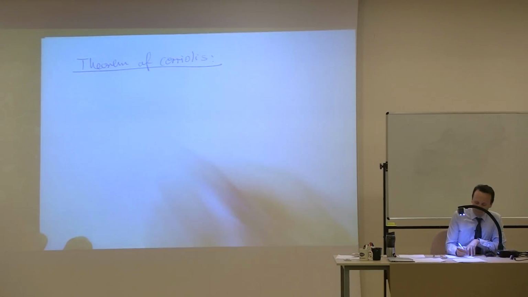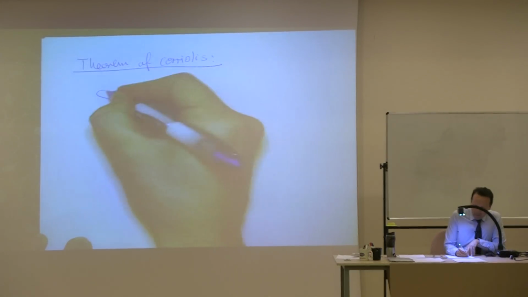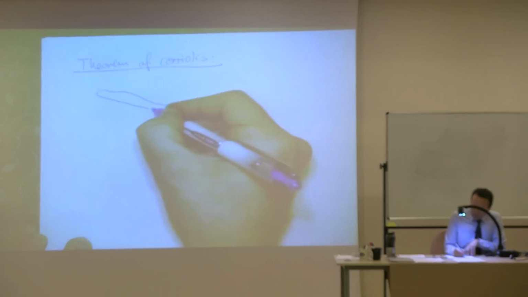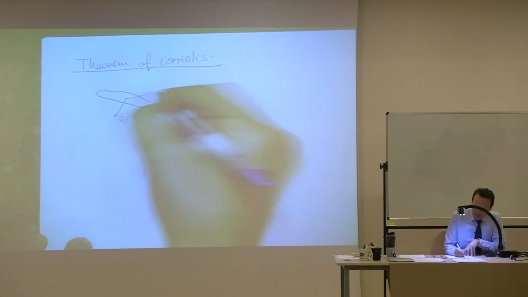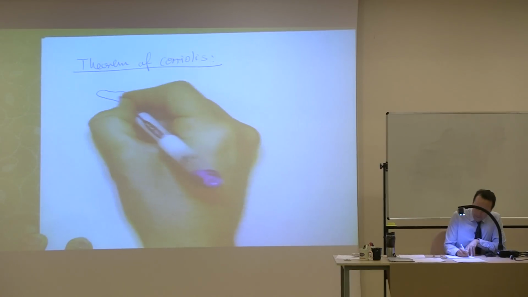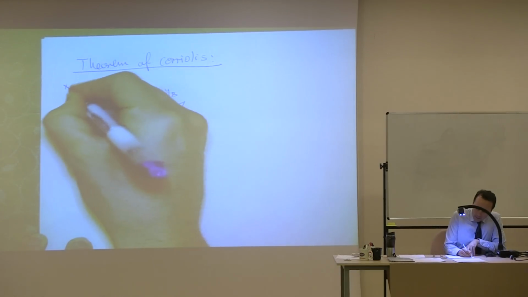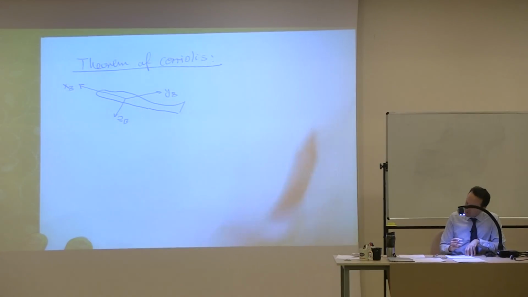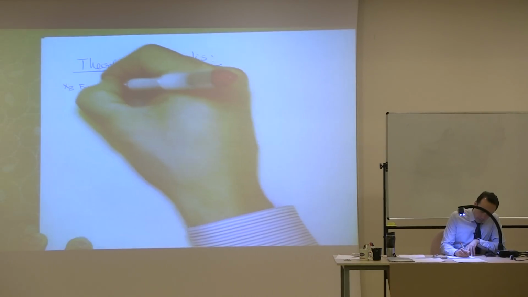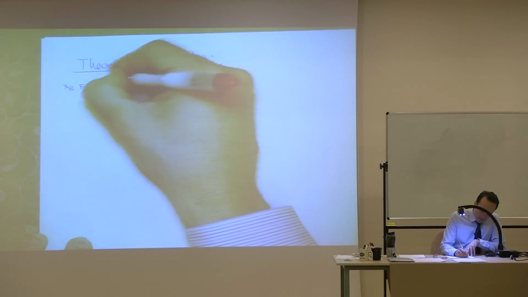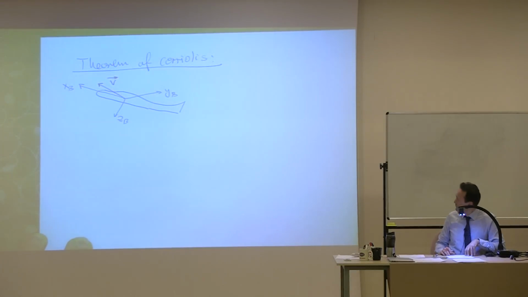Okay, theorem of Coriolis. Now try to understand. Let's say I have an airplane that looks like this. ZB, YB, XB. And let's say this is the velocity vector of the airplane with respect to Earth.